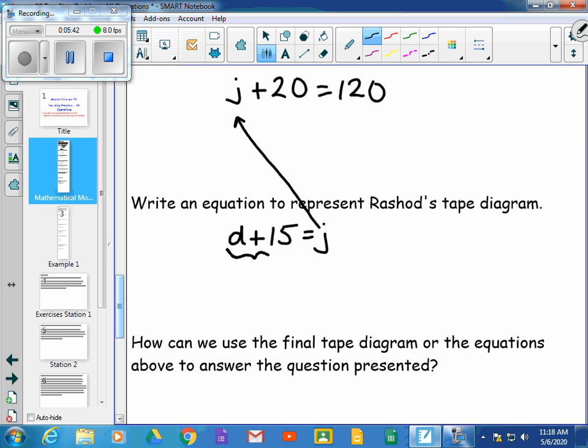That means we could substitute this D plus 15 in for the J in the original problem, so that our equation would be D plus 15 plus 20 equals 120.